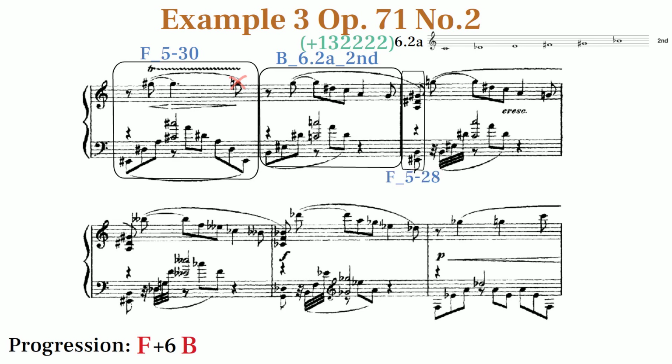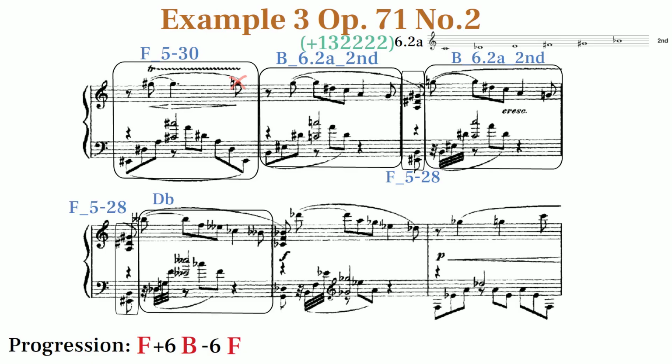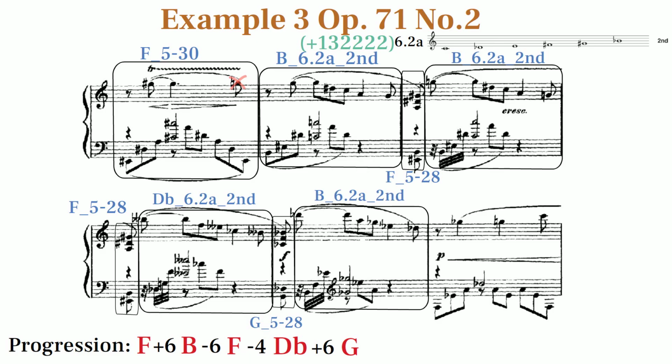Then we go back to F using another subset, 528, as a simultaneously occurring chord. Then we move down a major third and back to our tritone dominant. And down another major third to B, and we end this section with tritone movement from B to F.